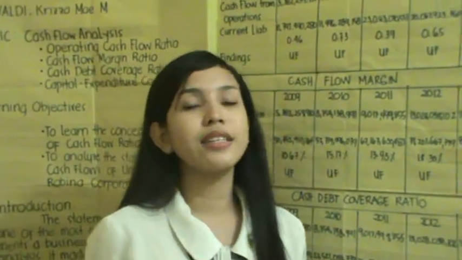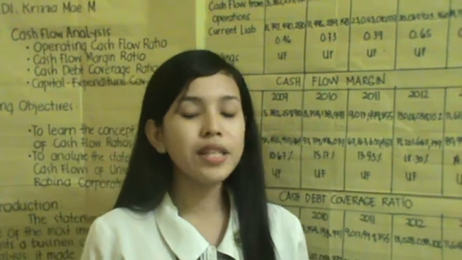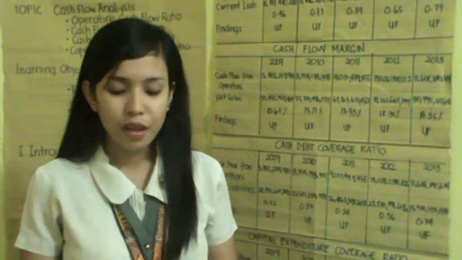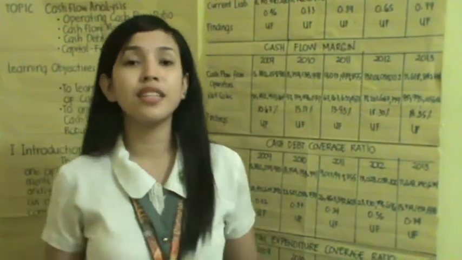Operating cash flow is computed by dividing the cash flow from operating activities by the current liabilities. As a general rule, an operating cash flow ratio that is less than 1 means that the company is not generating enough cash to pay off its short-term debts.